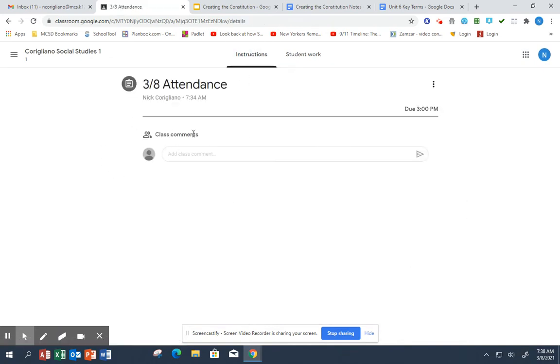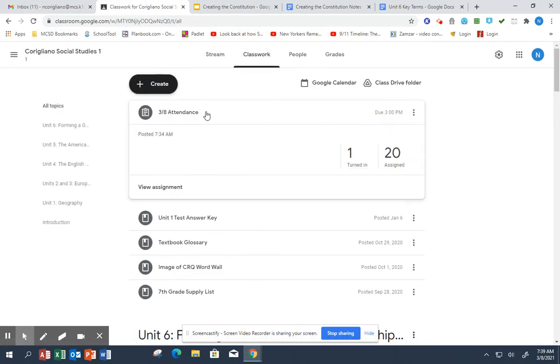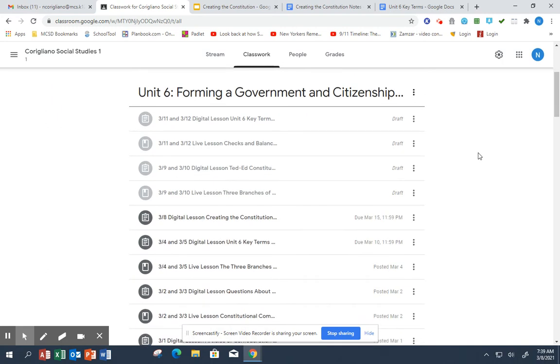If you look over on this side, usually there's the turn in box. Click the turn in box, and that tells me you were here. You are marked present for the day once you turn that in, okay? So please make sure you do that.